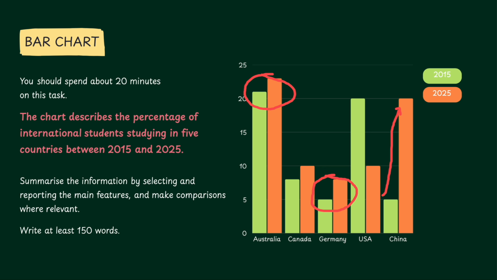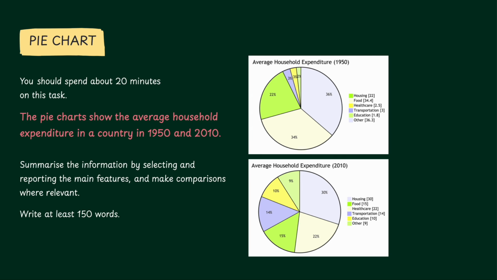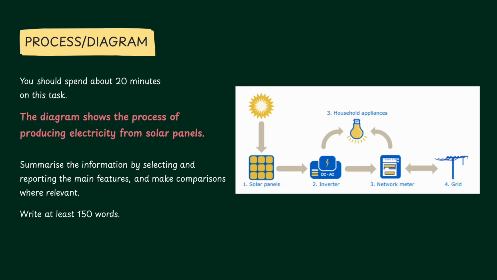Next up, we have a pie chart. So this pie chart shows the average household spending in a country in 1950 and 2010. But for now, let's not focus too much on the numbers because we're moving on to the next question type, process or diagram.